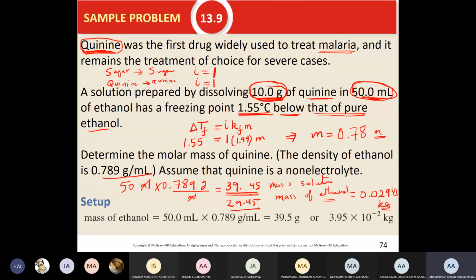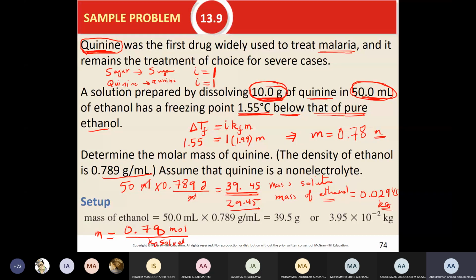All right, in this case, what is the number of moles? The molality is equal to 0.78 mole per kilogram of solvent.